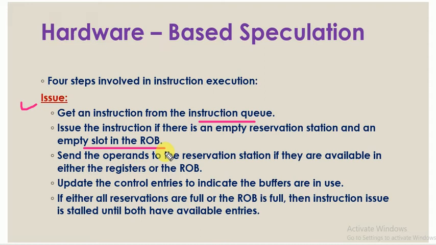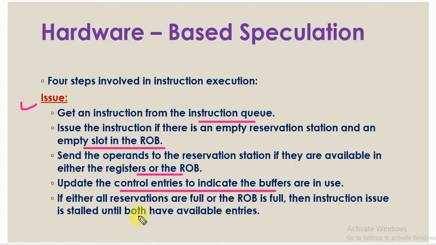In the previous case, it was only looking for empty space in the reservation station. Now send the operands to the reservation station if they are available in either the register or the ROB. Then update the control entries, meaning branch-related entries, to indicate the buffers are in use.